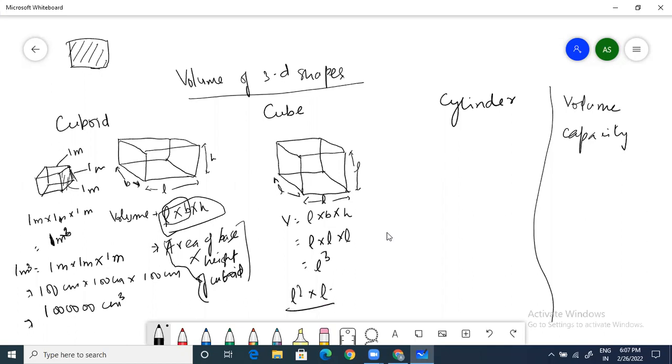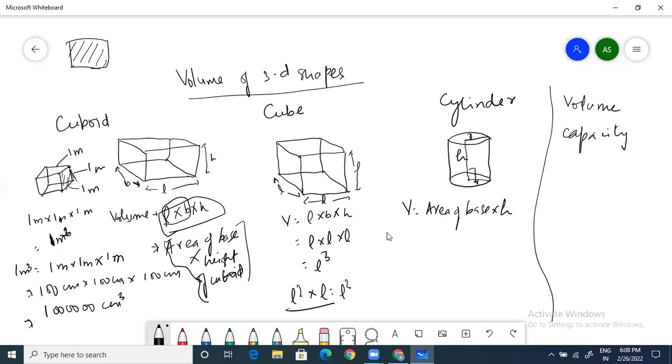Now, just imagine the same concept for a cylinder. By observation and experimentation, it has been found that the volume in this case is also equal to area of base into height. We know this is R, the radius of the circle, this is also R, and this is the height between the two circles.